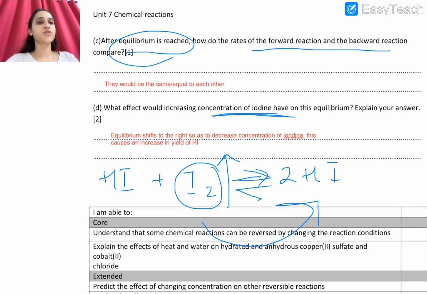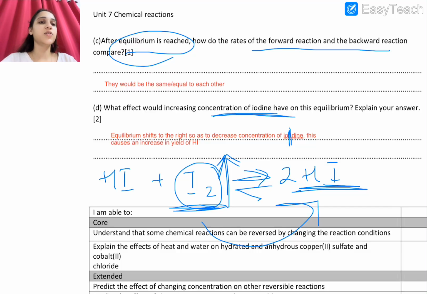So equilibrium will shift to the right so as to decrease the concentration of iodine. We're increasing it, we want to decrease it. This causes an increase in yield of HI. So this is going to go down now because we have shifted the equilibrium.